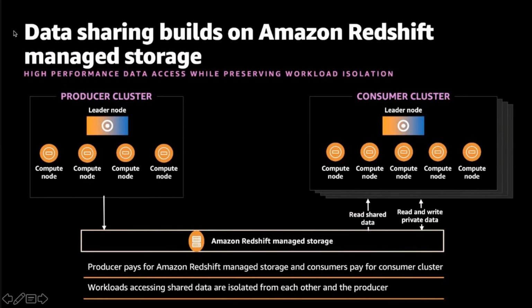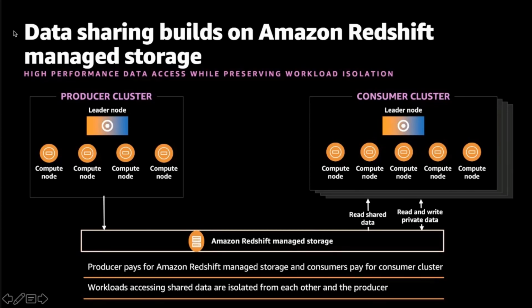Data sharing builds on Amazon Redshift RA3 and the managed storage. So RA3 is Redshift's next generation instance types, which allow you to scale and pay for compute and storage independently. So with managed storage, essentially as a customer, you don't have to be limited in terms of how much data that you can store in Redshift to what is available in your local cluster compute nodes.